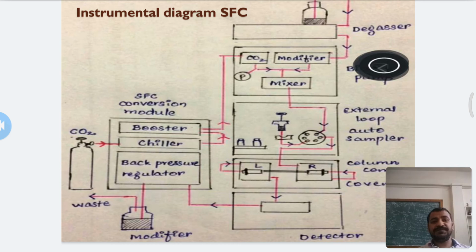First, the gas chamber. In this gas chamber, CO2 is present in the form of gas. It is transferred to the conversion module. In this conversion module, there are 3 components. First is the booster. Then the chiller, which removes heat and cools the CO2 gas, and then the back pressure, which maintains the pressure of the flow.